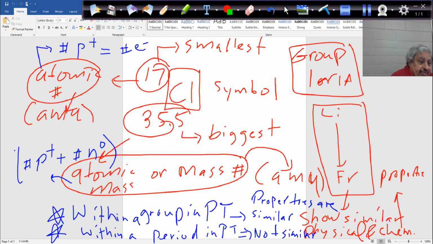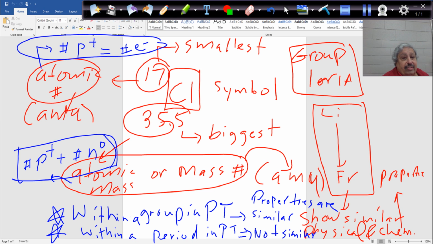We stop here. We can add electrons, but since they are almost zero, so tiny, we don't include them. So protons plus neutrons give me the atomic mass or mass number. Protons equal electrons because you have neutral elements. In the periodic table, there's no charge on the elements, correct?